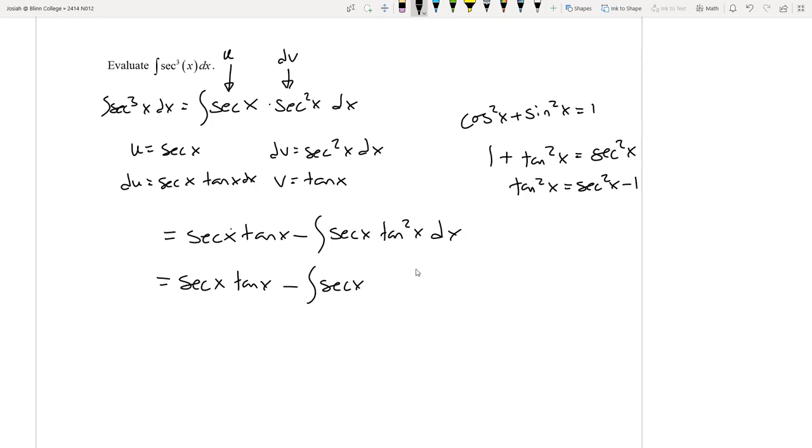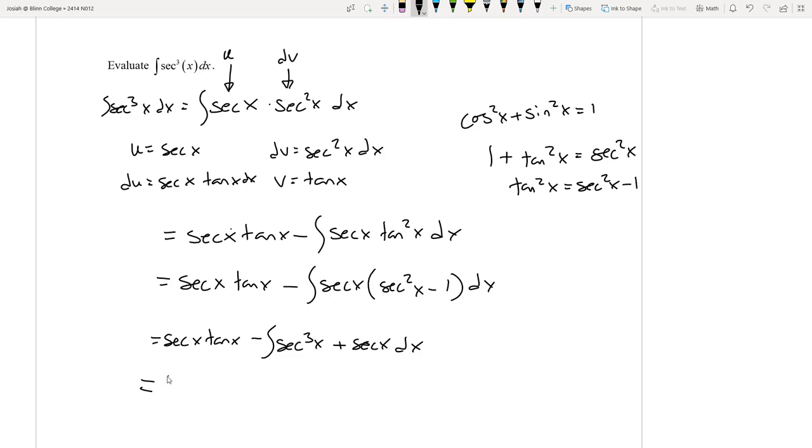So secant of x times secant squared of x minus 1. All right, so given that swap now, we'll go ahead and multiply in: secant cubed of x minus secant of x dx. We split now this integral.